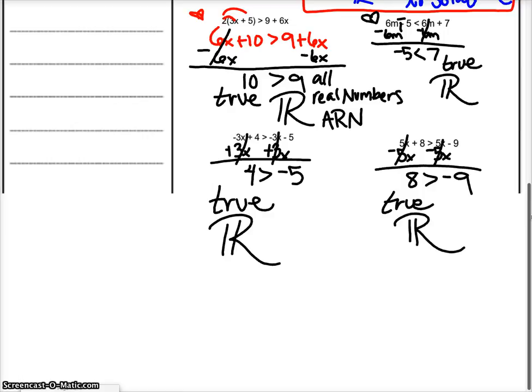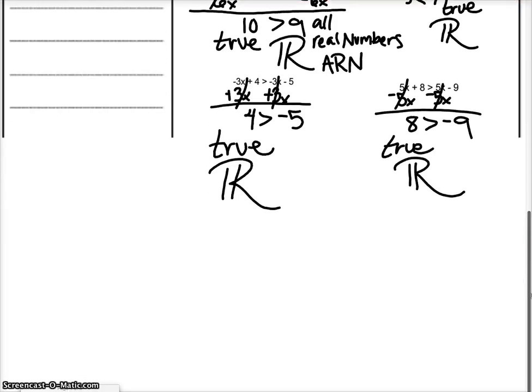So this has not been the best set of examples because it's only shown true situations. You can have a false situation like this. 2x plus 3 is bigger than 2 times x plus 4.